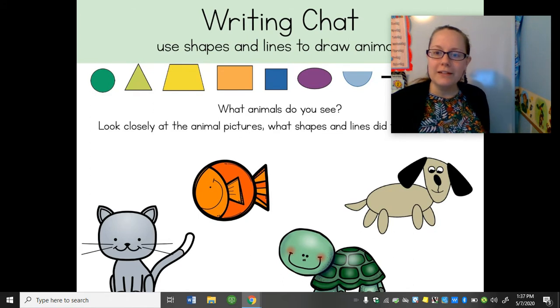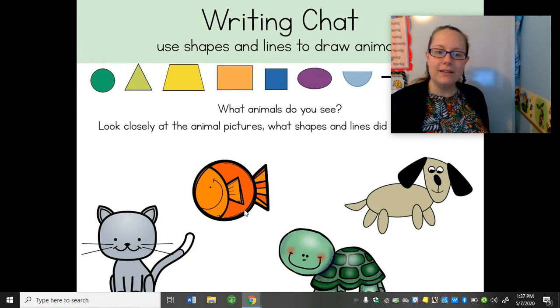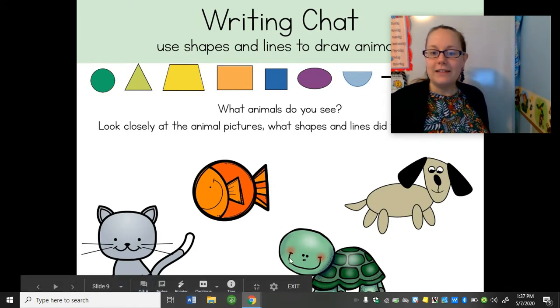What shapes or lines do you see in each of the animals? Well, I know that Miss Sewell sees here in the fish a circle. She sees a side trapezoid, some straight lines. In this turtle, I see an oval with some rounded rectangles.